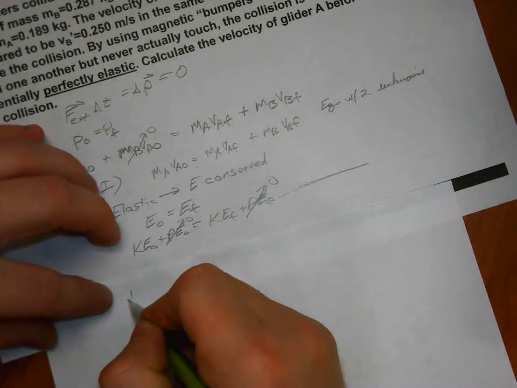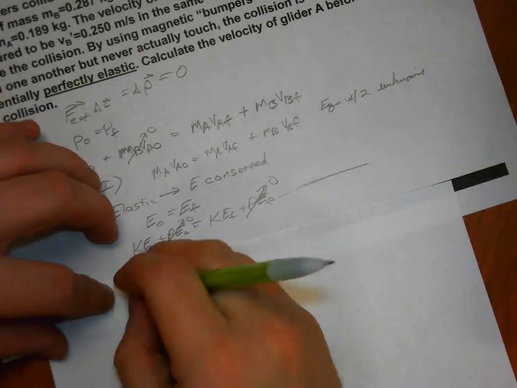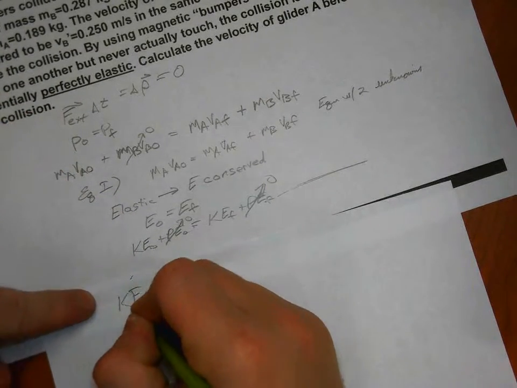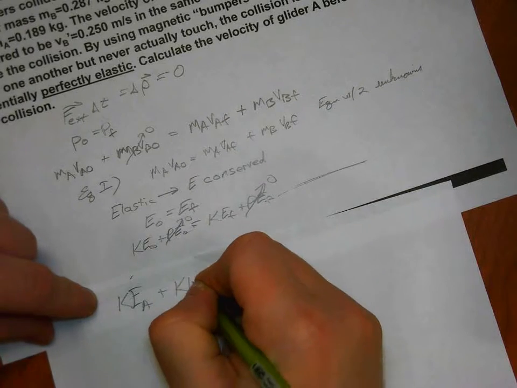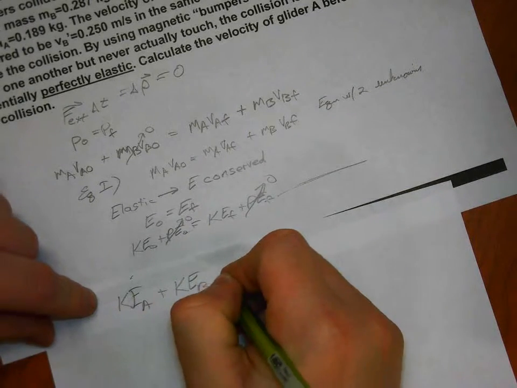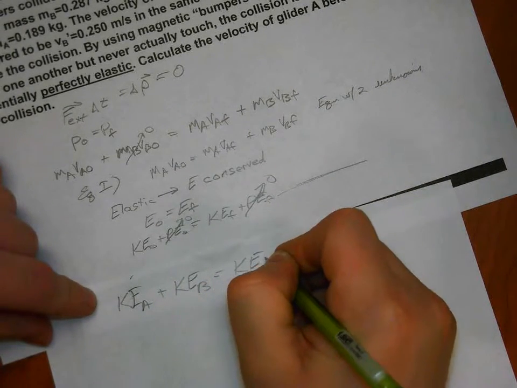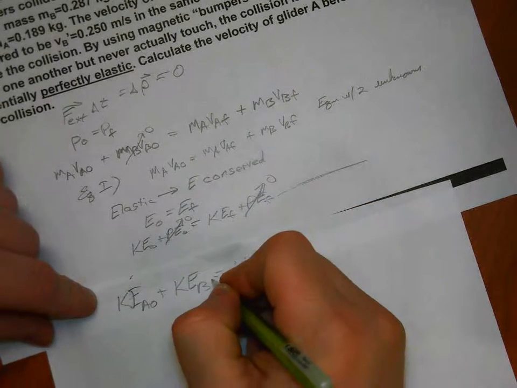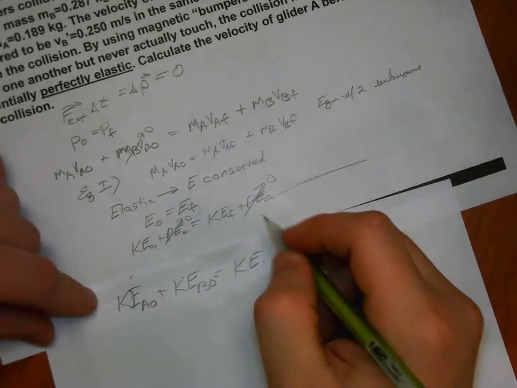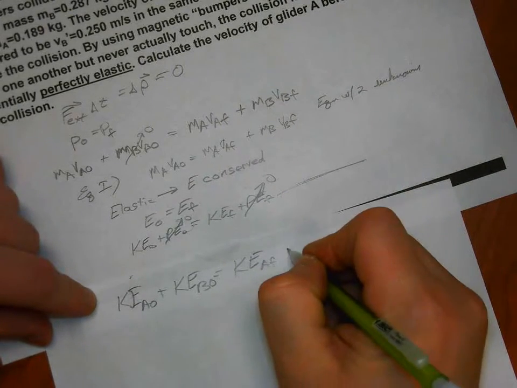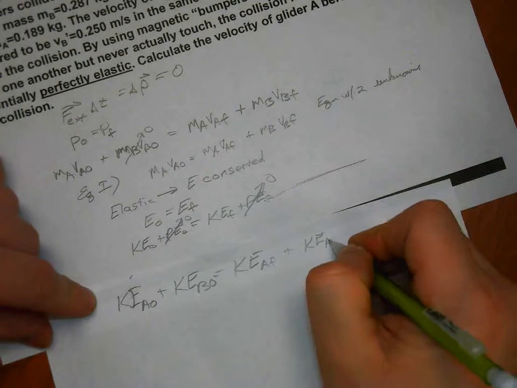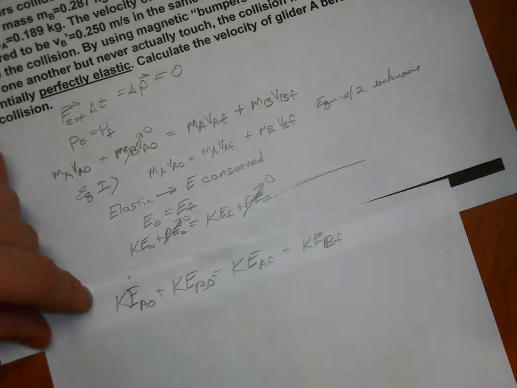So we can just say that the kinetic energy of the system in the beginning, let me write it out this way: KEA plus KEB equals, these are both initial, KEA final plus KEB final.